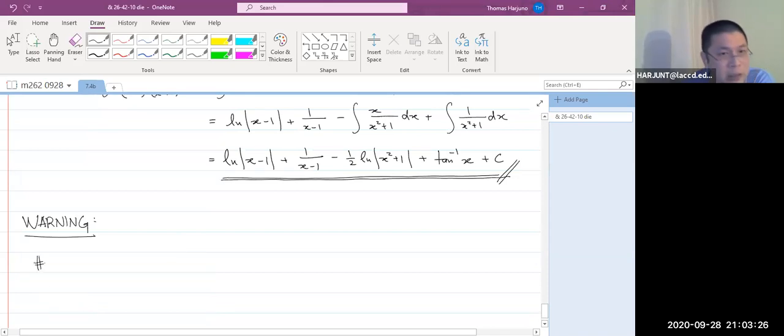Number 36. Integral of x to the 4th plus 3x squared plus 1 over x to the 5th plus 5x cubed plus 5x dx.